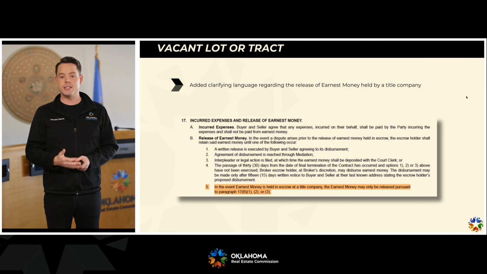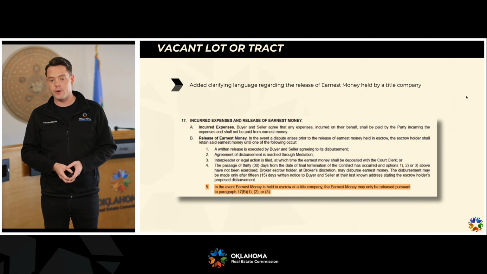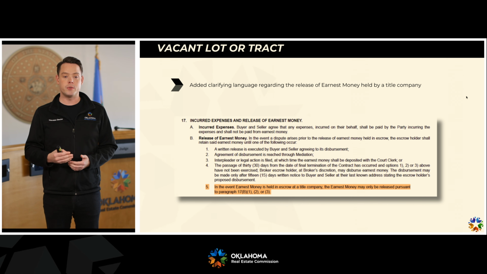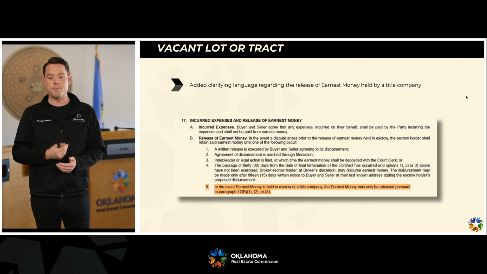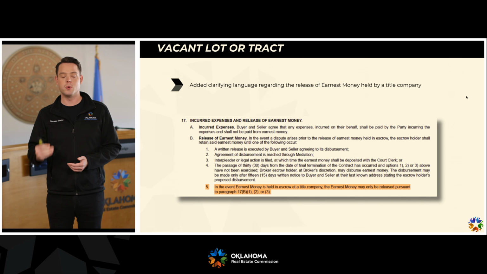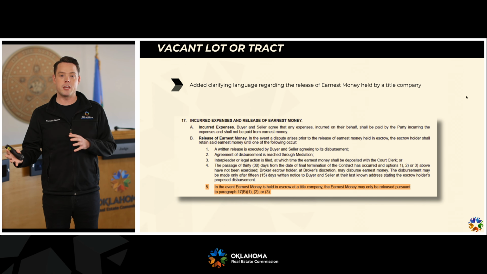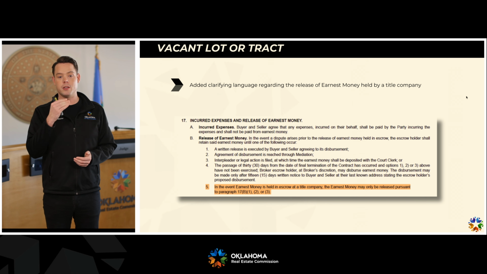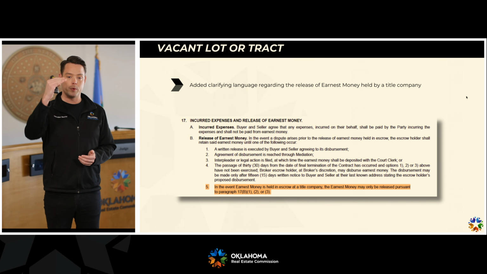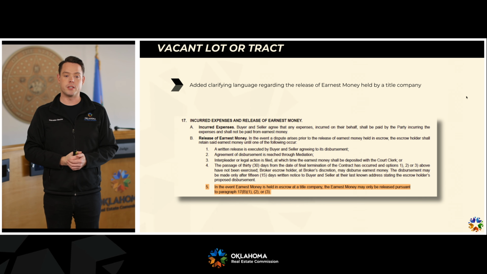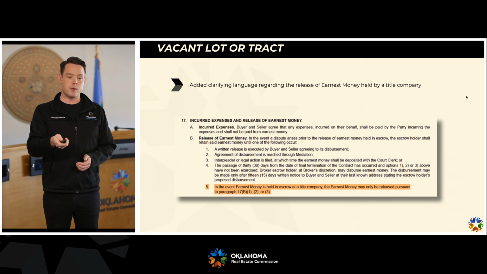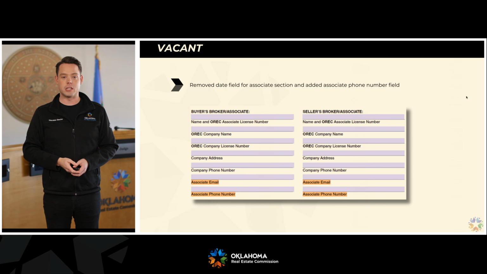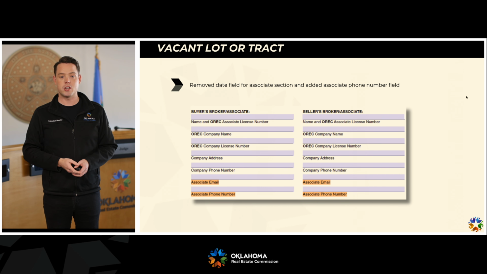It says, in the event earnest money is held in escrow at a title company, the earnest money may only be released pursuant to paragraph 17B, 1, 2, or 3, which are those options that are listed above. So we just added some clarifying language there on that vacant lot or tract contract.